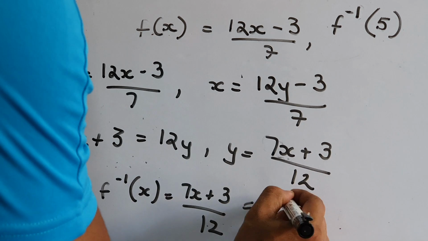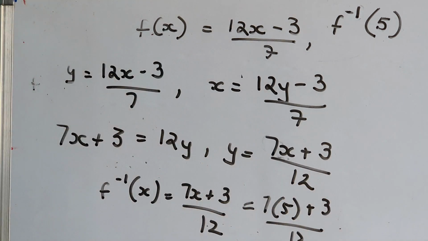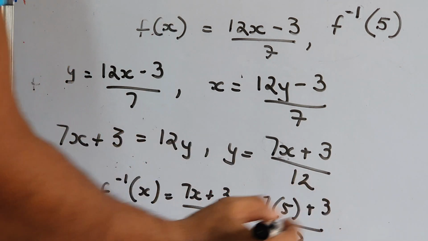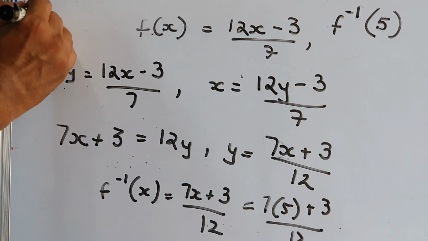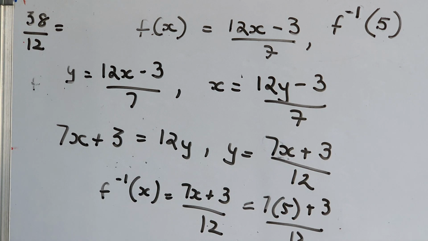So 7 pi plus 3 upon 12. So this will give me 7 5s are 35, plus 3, 38. So my answer is 38 upon 12. With a calculator you can get 3 point something. This is how we get the inverse and also the value.